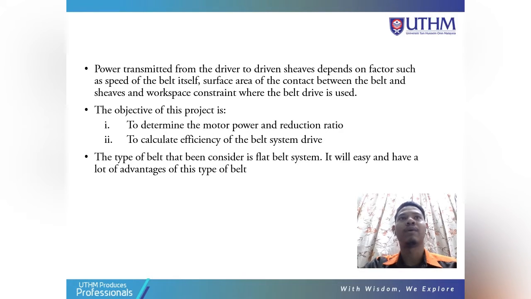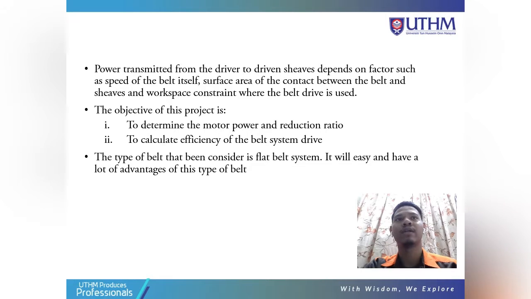So power transmitted from the driver to driven shaft depends on factors such as speed of the belt itself, surface of the contact between the belt and the shaft, and workspace constraint where the belt driver is used. The objective in this project is to determine the motor power and transmission ratio.